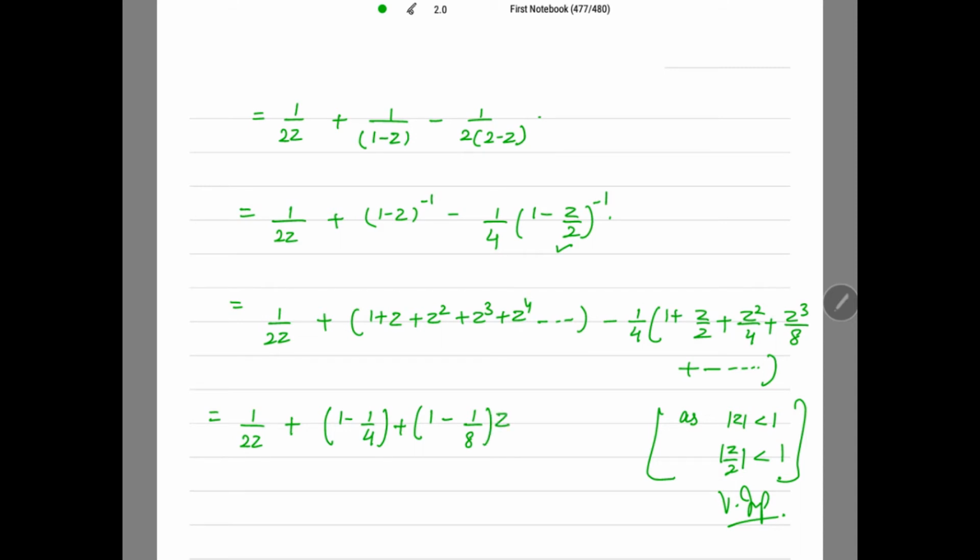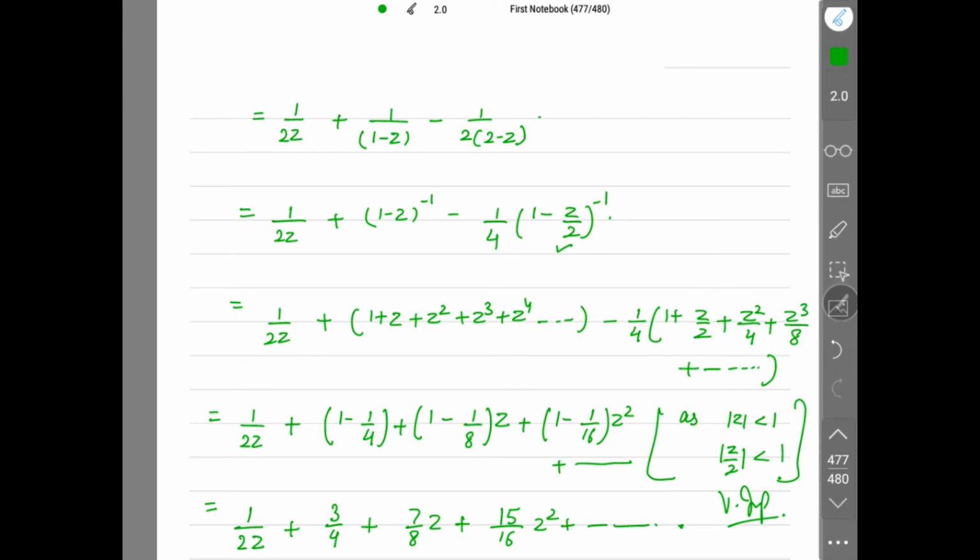Right? Then the coefficient of z square, which is 1 minus 1 over 16, z square, and so on. Right? So just write the last: 1 over 2z plus this is 3 by 4 plus this is 7 by 8 z plus this is 15 over 16 z square, up to so on. Hence the result for the first part.